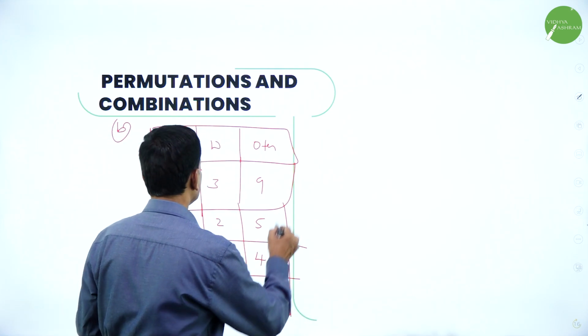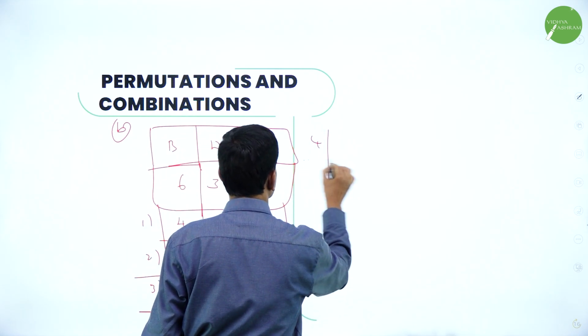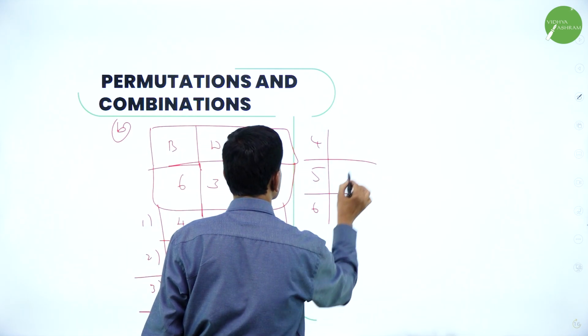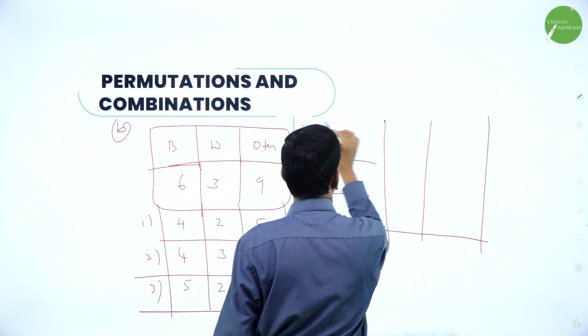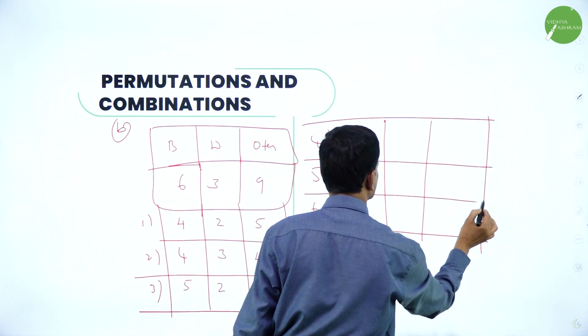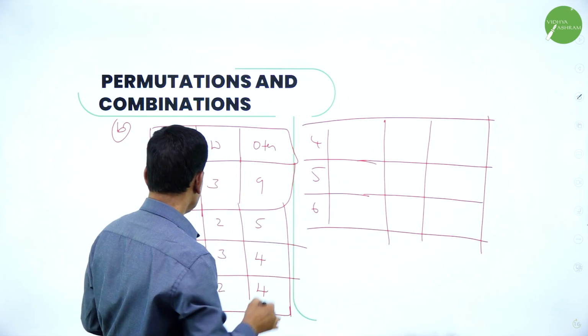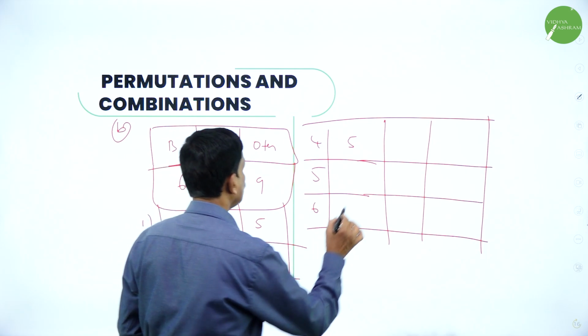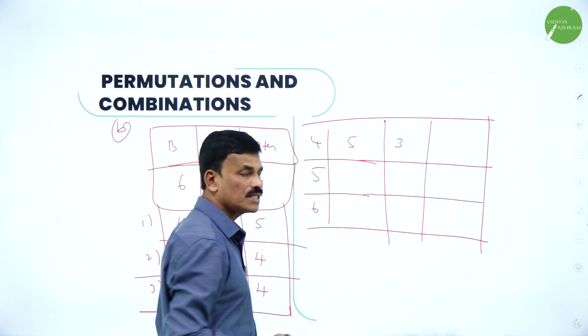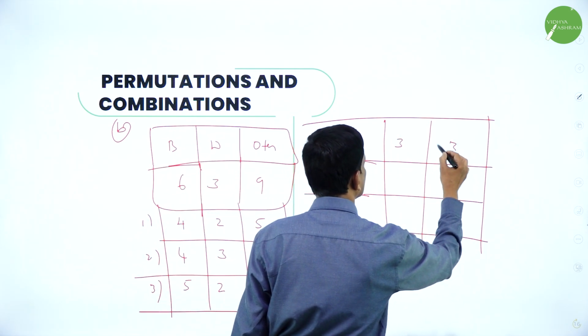Next, the fourth case, 5 bowlers and 3 wicket keepers. 5 plus 3 is 8, and the remaining 3 are others.